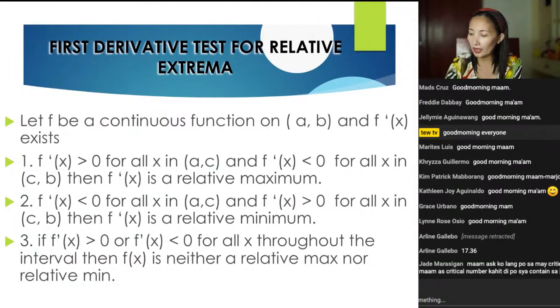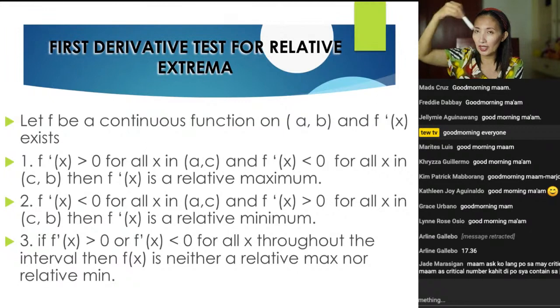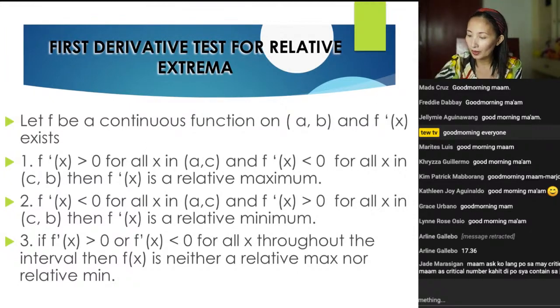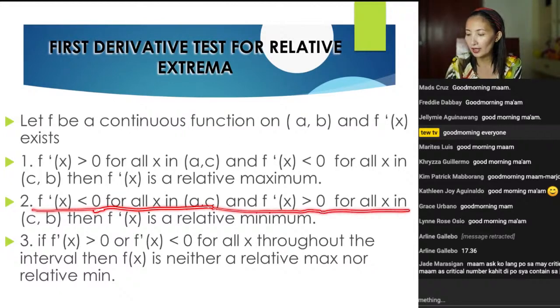What about a relative minimum? For a relative minimum, it's the other way. We start from decreasing, then increasing: a relative min. If f prime of x is less than 0 for all x in AC, and f prime of x is greater than 0 for all x in CB, then it is a relative minimum.